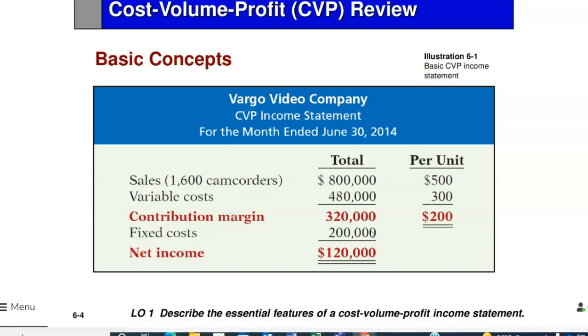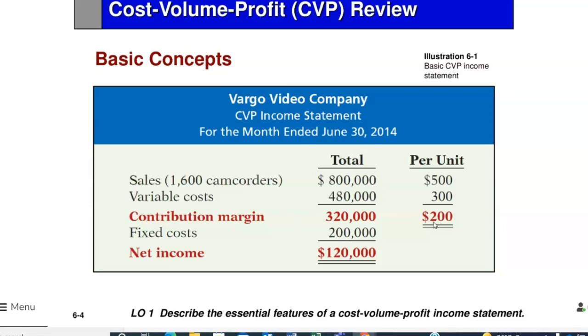And recall, the contribution margin is simply sales minus the variable cost. Because variable cost changes in direct proportion to changes in the level of activity, being sales here, we can net the sales and the variable cost together and just focus on the contribution margin.